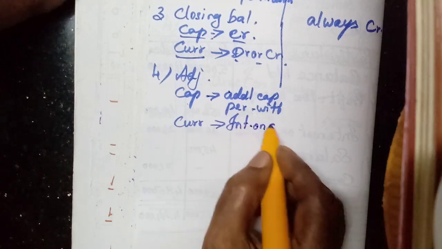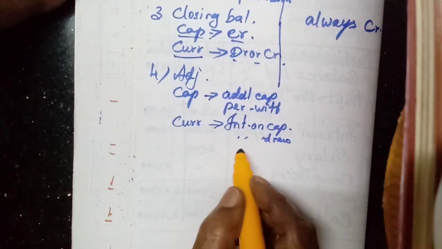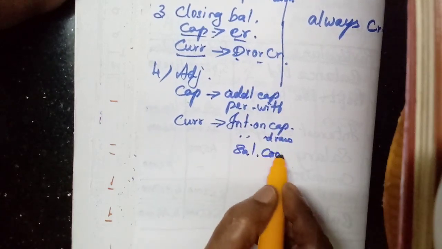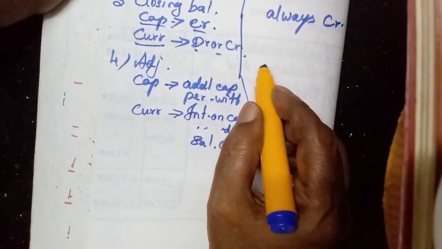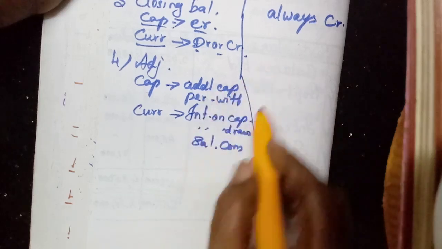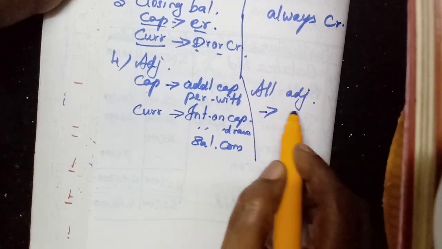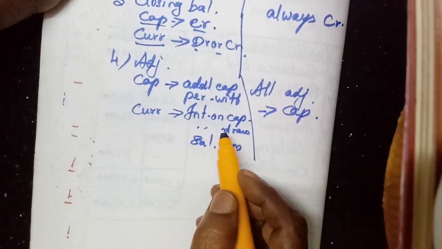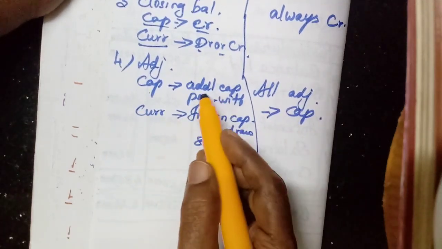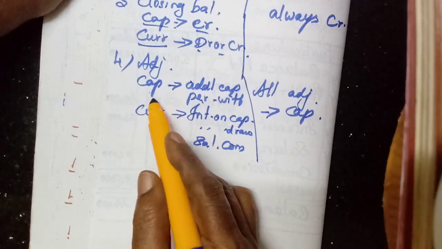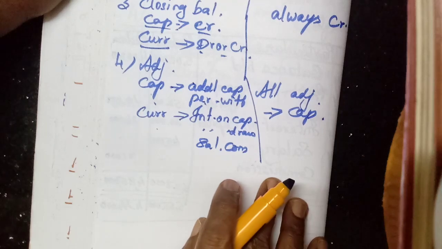Interest on capital, okay, then interest on drawings, then salary, then commission, everything will be adjusted in the current account. But here in the fluctuating capital method, all adjustments will appear in the capital accounts. Okay, all the adjustments will be made in the capital accounts, but here two adjustments will be there in the capital account. The remaining adjustments will be made in the current accounts. Okay.